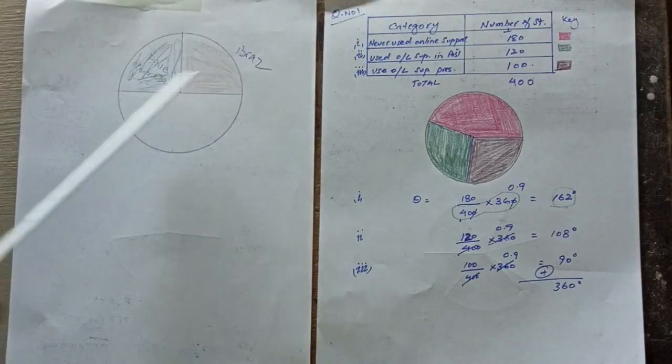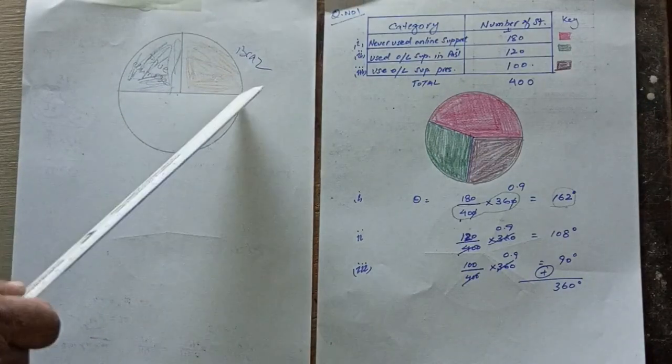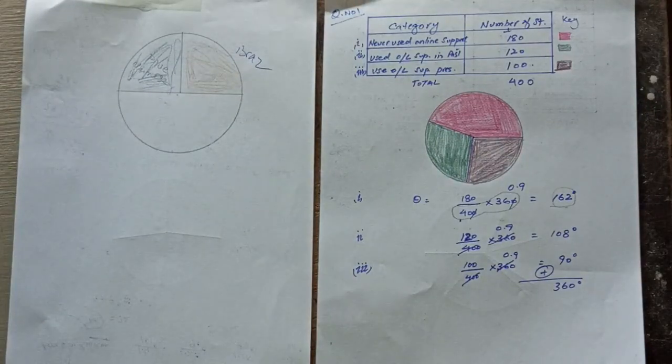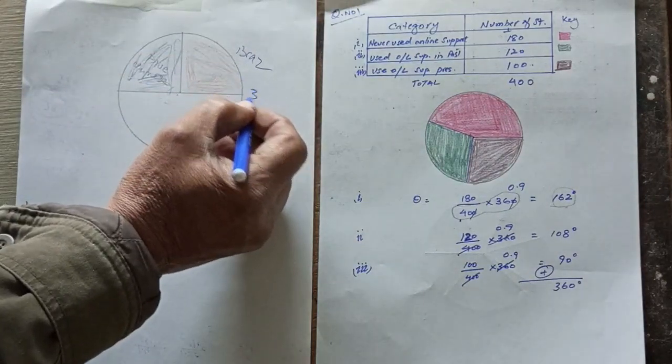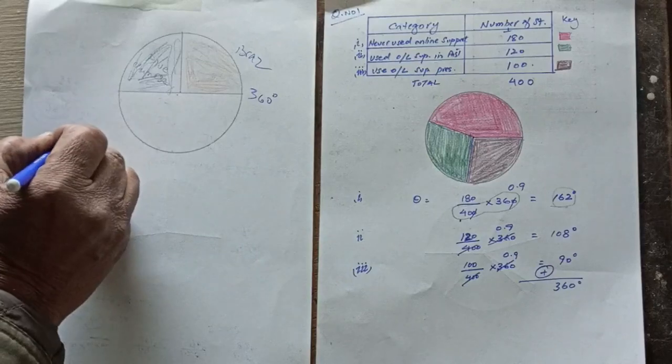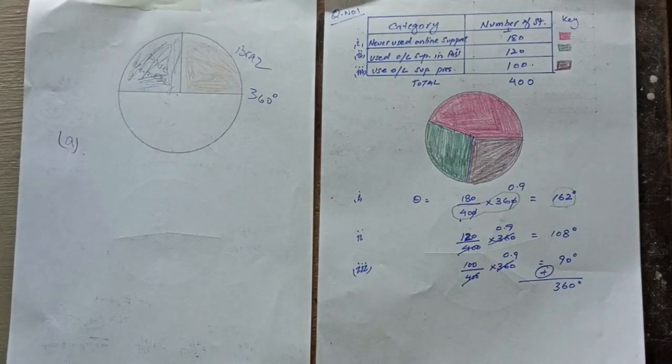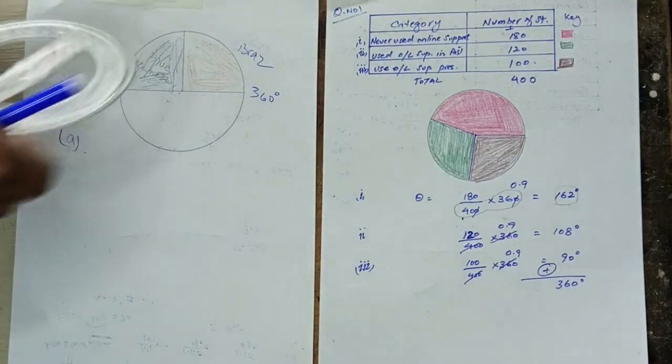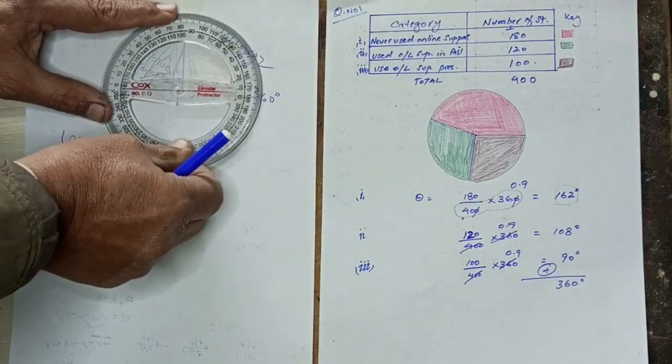So this 180-degree, and this whole semicircle is also 180-degree, because in the circle there are 360 degrees. Now for A, what fraction of students are Chinese, if I measure it with the help of a protractor, you will notice that this is almost 90-degree.